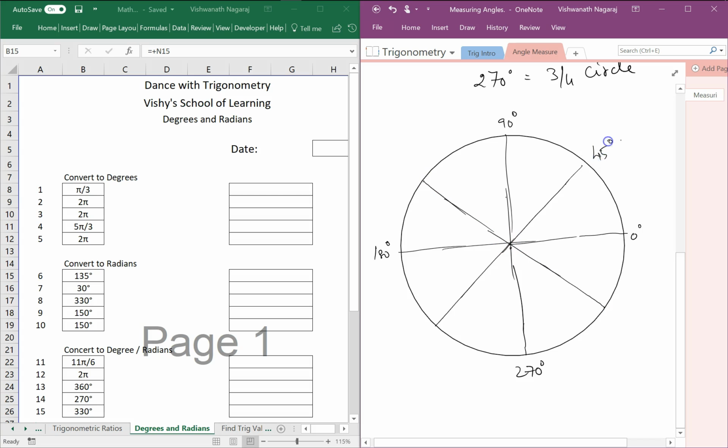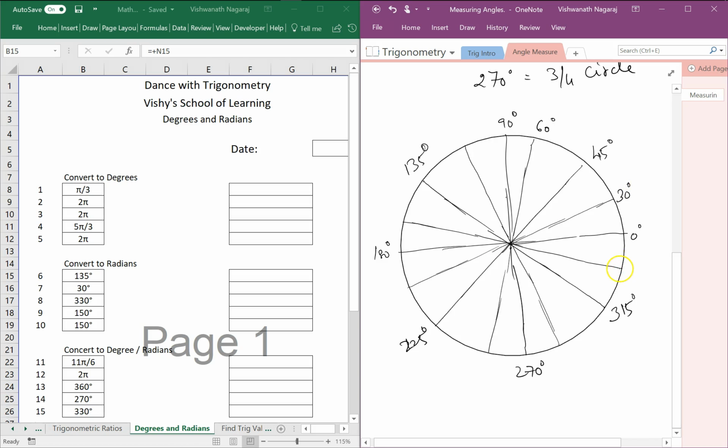This would be 45 degree. This would be between 90 and 180, 135 degree. This would be how much? Between 180 and 270. So 180 plus 45 is 225 degree, and 315 degree.